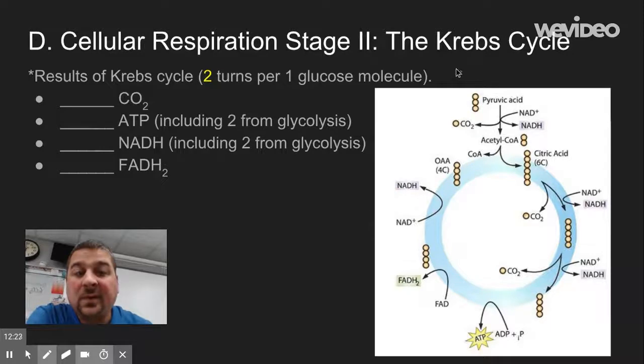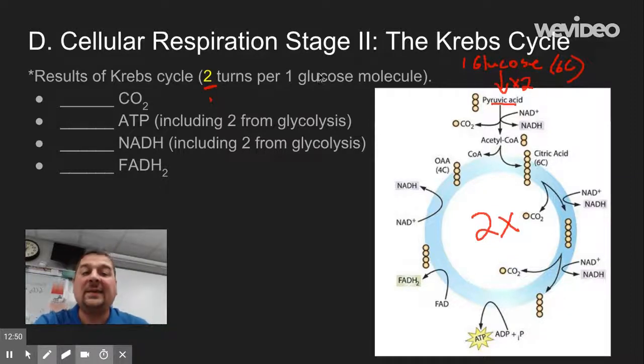totals, remember one glucose in glycolysis was split, so times 2, into 2 pyruvic acids. Glucose had 6 carbons. Now you have a 3-carbon substance. So how many turns is this whole thing going to make? That's right. It's going to make 2 turns, times 2 per glucose.